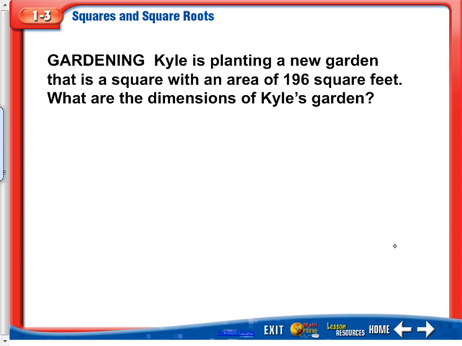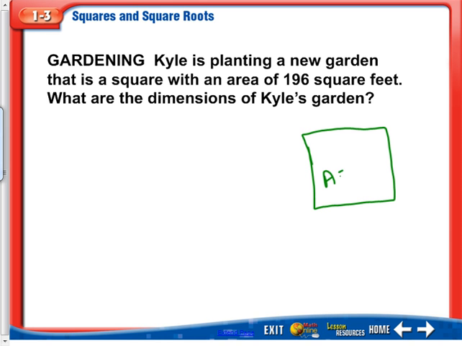All right, a word problem. It says Kyle is planting a new garden that is a square with an area of 196 square feet. What are the dimensions of Kyle's garden? Okay. If it's a word problem and it's talking about images, we might want to draw a picture. So I'm going to draw as close to a square as I can.